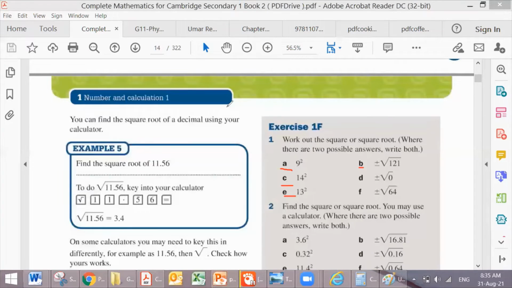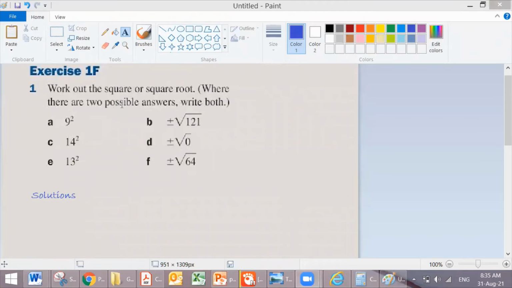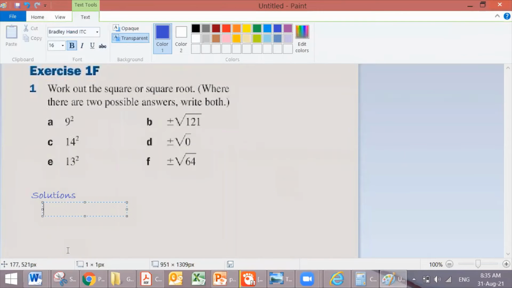So I have copied these questions in my paint tool, and here I have pasted it. Okay, so first of all, I will write the answer to question number 1, part A. So it is very easy.